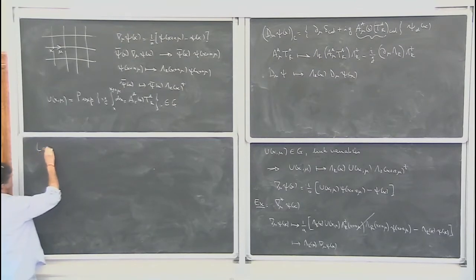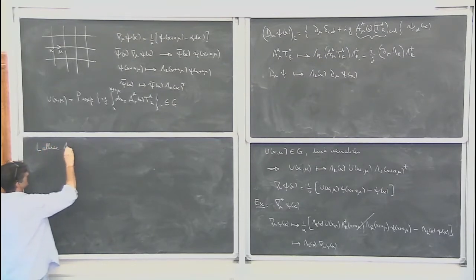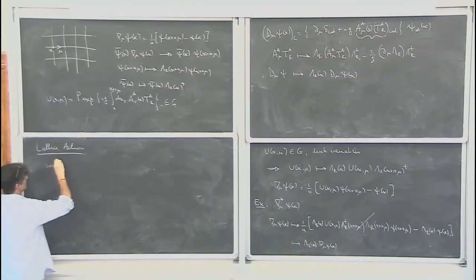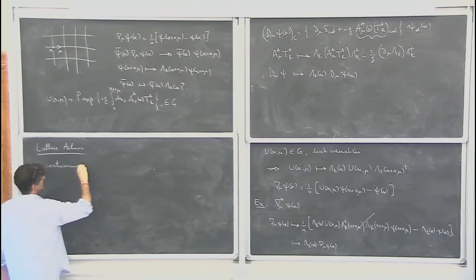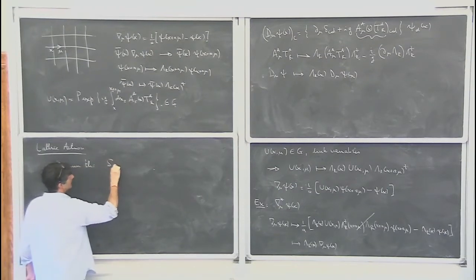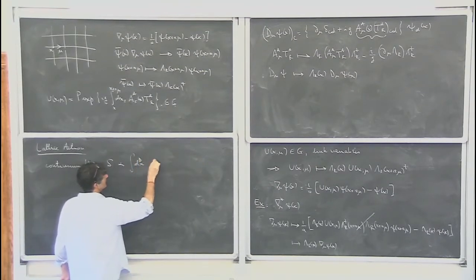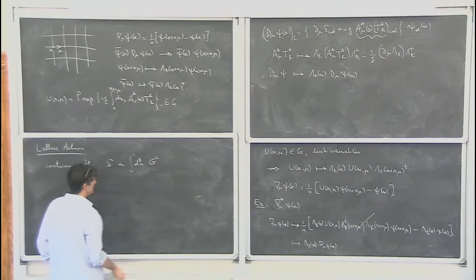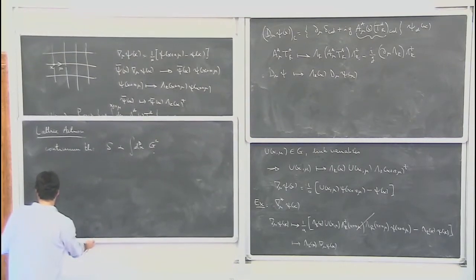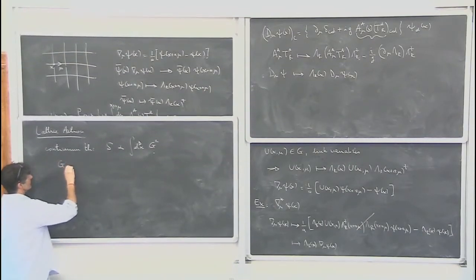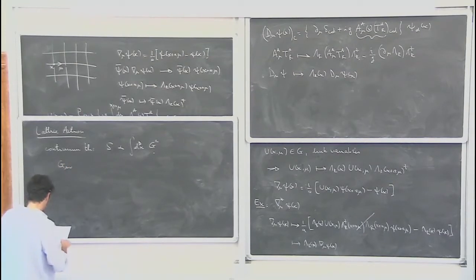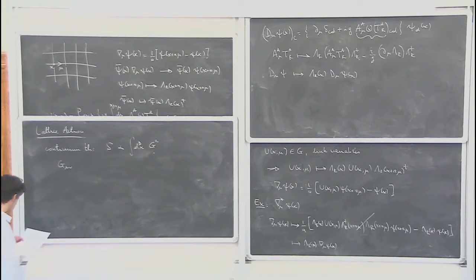Okay, so in order to build the lattice action, we can start from the continuum theory. Remember, the action in the continuum theory is proportional to the integral d^4x G squared, okay, where G_{μν} is the field strength tensor, okay?